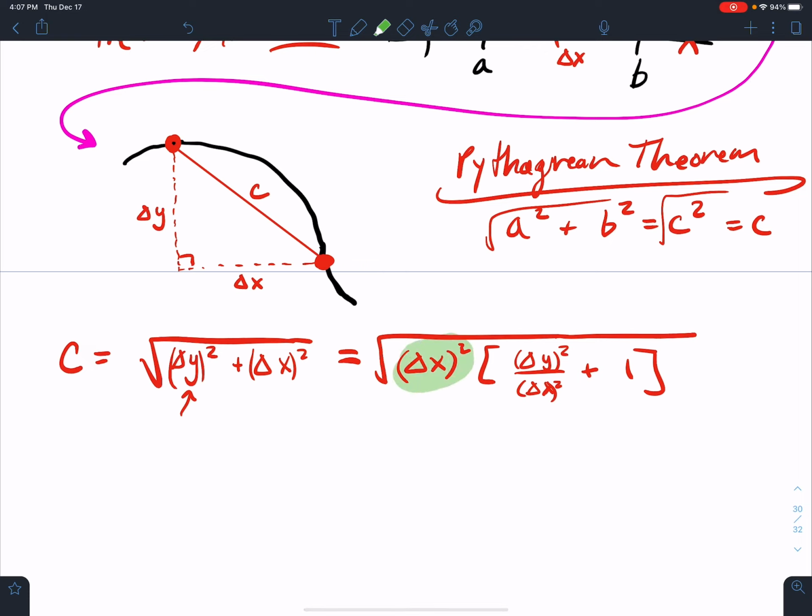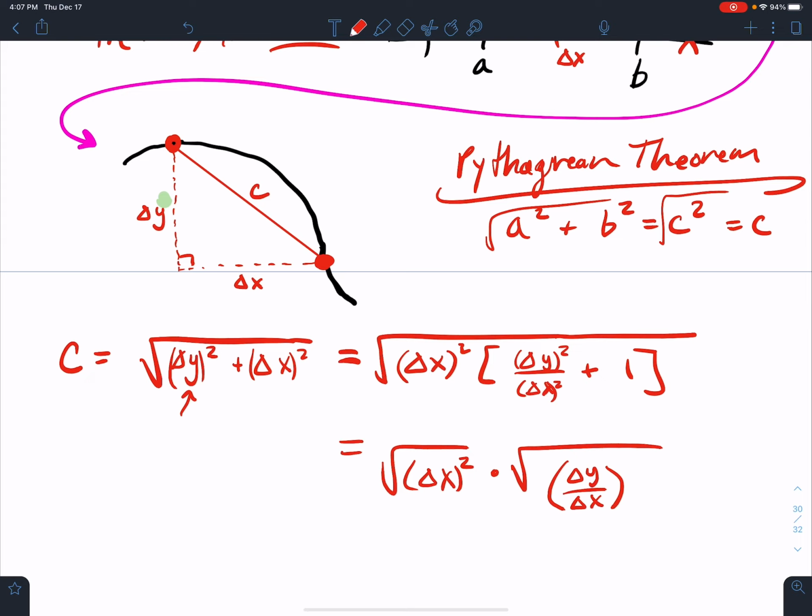Now I have this product times this product here. Since we're dealing with positive distances, each of these components is going to be positive. So it is the square root of delta x squared times the square root of delta y over delta x all squared plus 1.